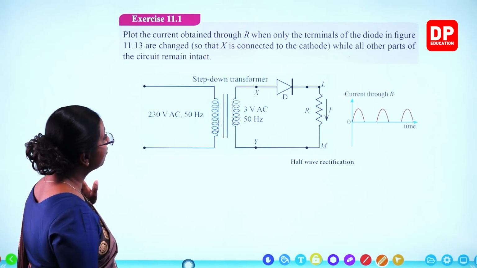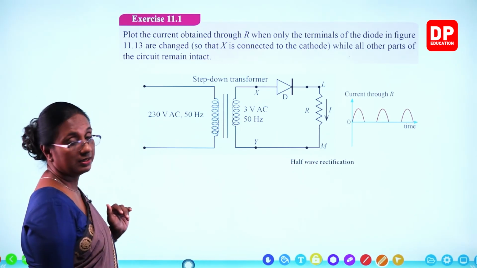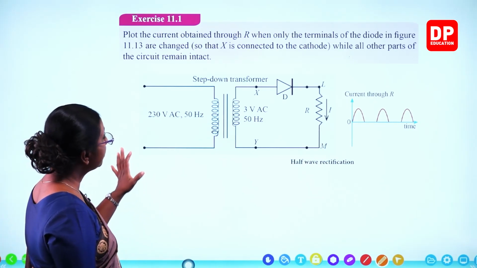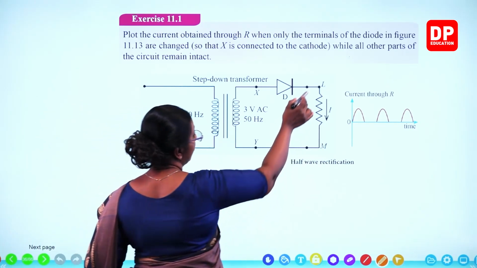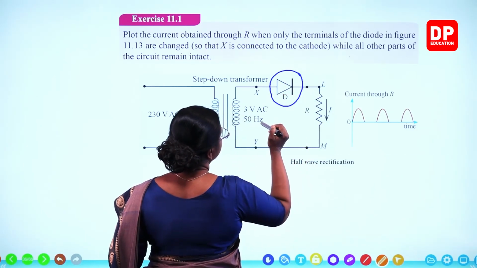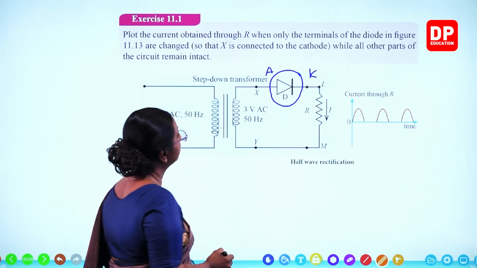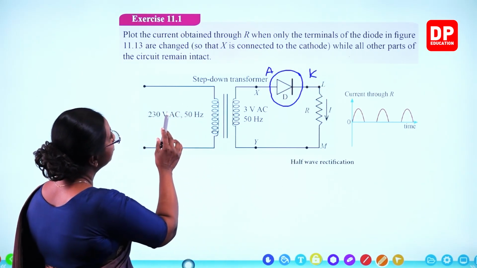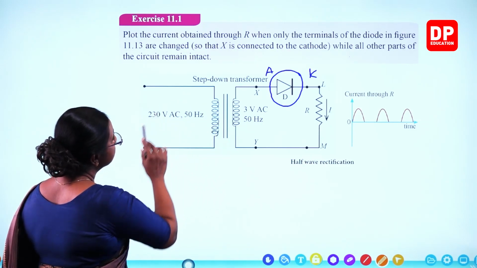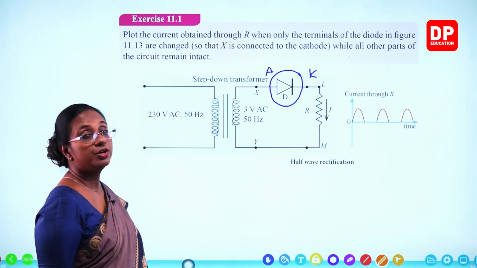So here what they want you to do is alter the circuit. Instead of changing the terminals, they want you to change this part. Now here you can see this side is anode, this side is cathode. But there they want you to draw the circuit when X is connected to the cathode. So the diode has to change.